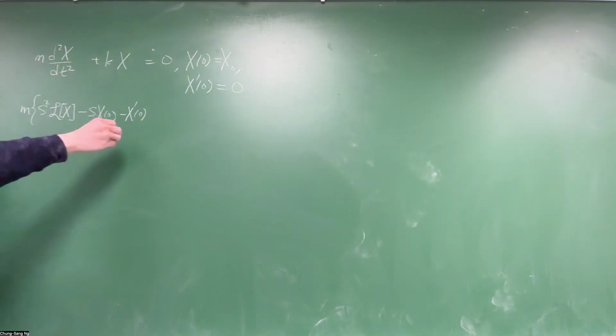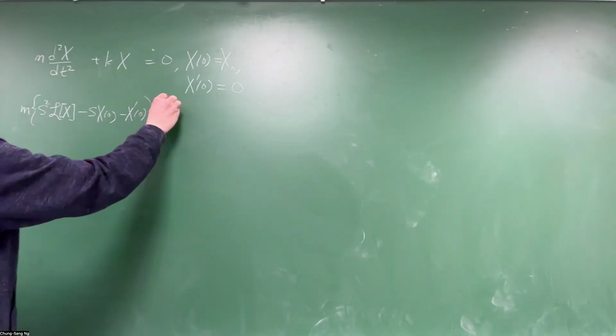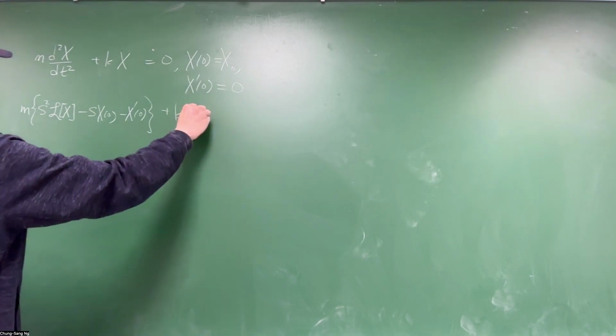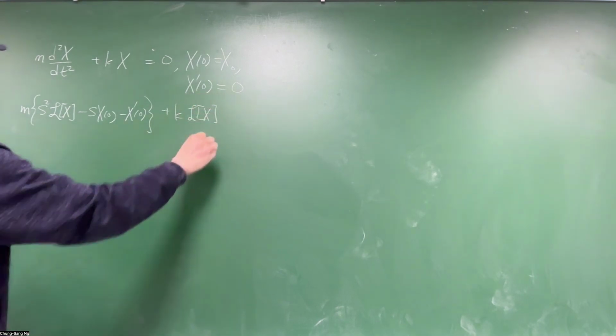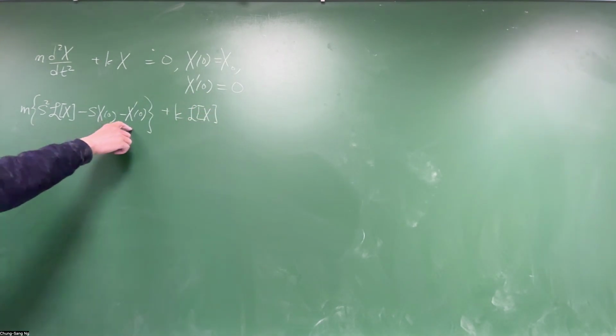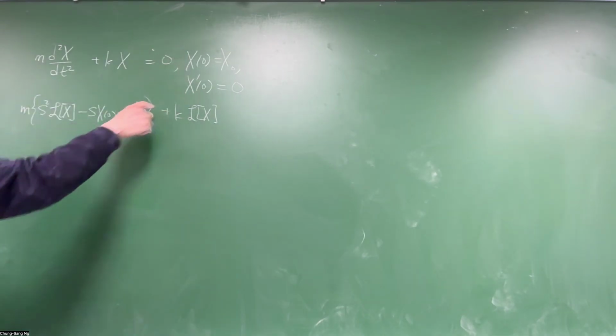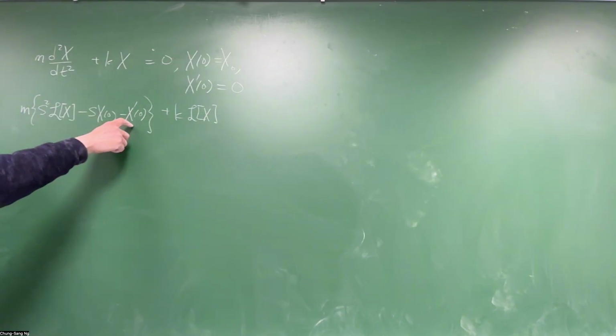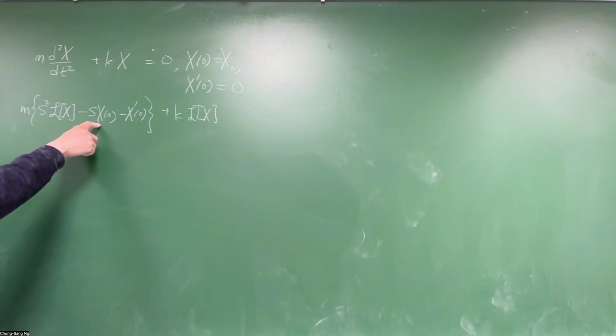So that's the first term. And then the second term is k times the Laplace transform of x. Now substitute these two: this is 0, and this is x sub 0.